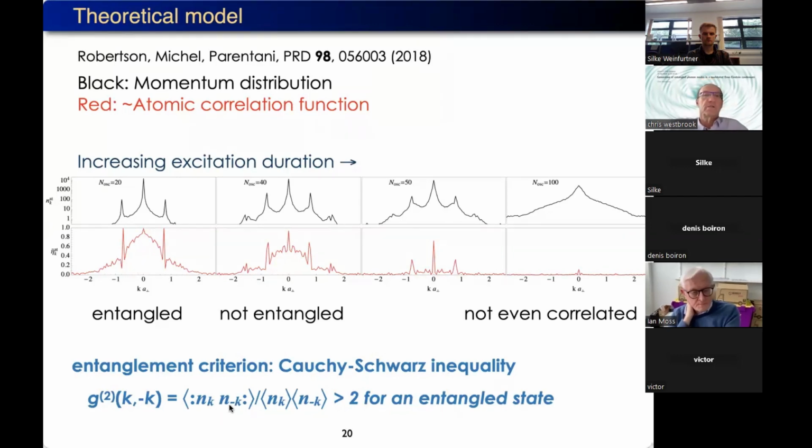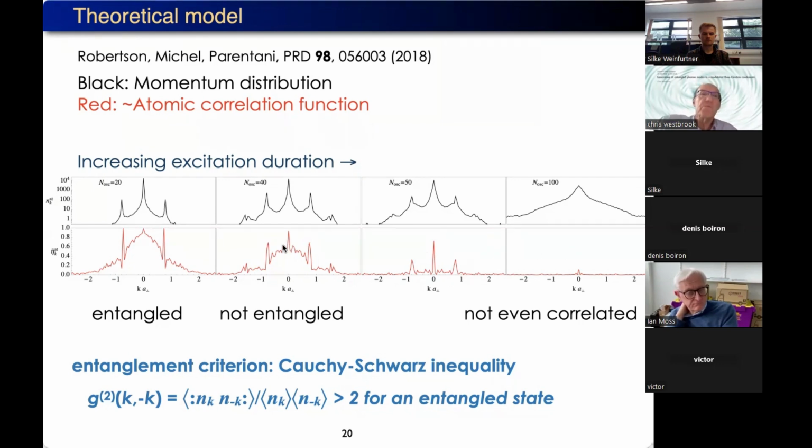It's the mean value of the product divided by the product of the mean values. And here they show that this correlation function for relatively short excitations is quite strong, and with time dissipates, so that at the end there's no correlation at all.